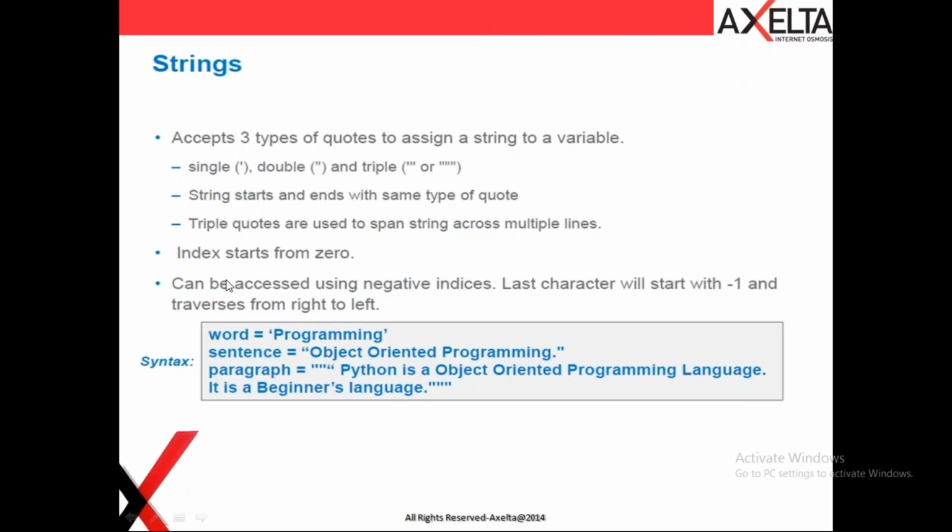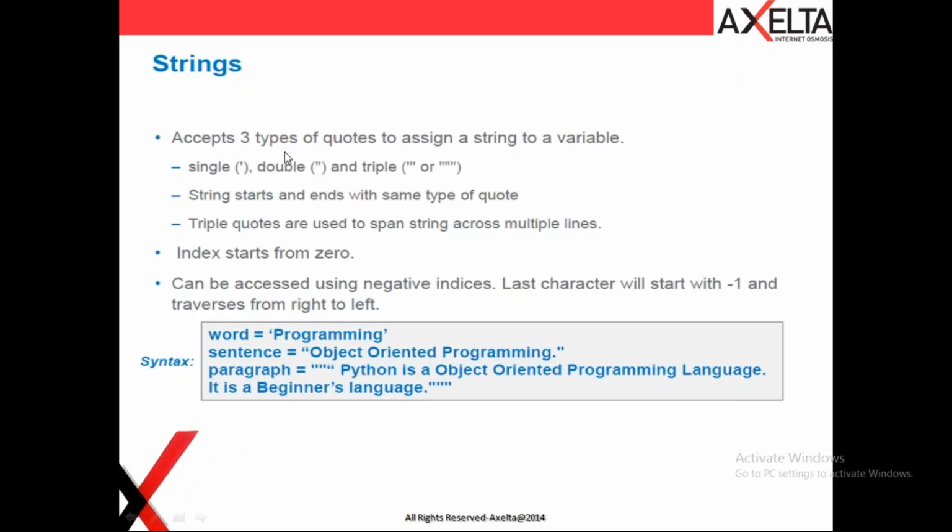Now whenever you are creating a string like arrays, the strings have an index. With the help of the index you can access the strings, and the index always starts from 0. So is it clear? Are you understanding what I'm saying?